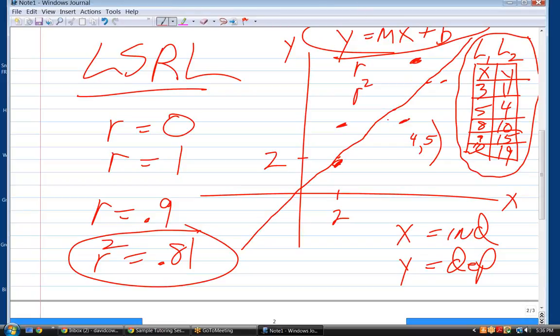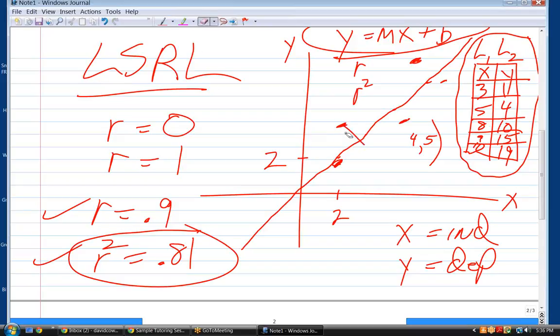That's the equation of that line of best fit. It also gives you an r and an r squared, which is a measurement of how well that line fits those points. So you don't have to do this other stuff manually, ever.